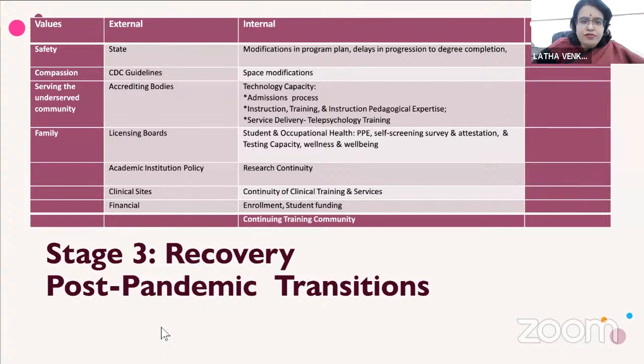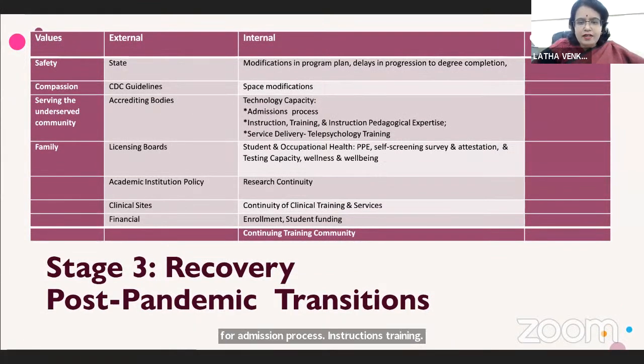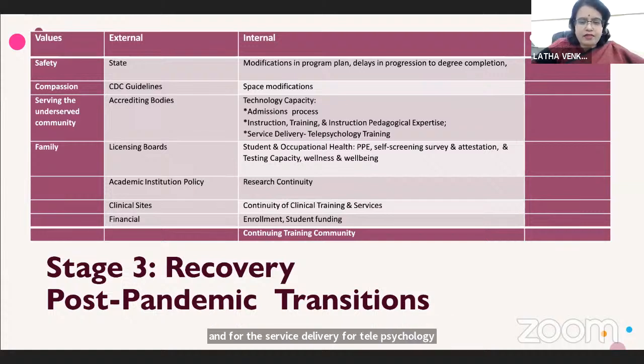And we were able to follow the CDC guidelines, and we were able to still get connected with the accrediting bodies for admission process, instructions, training, and for the service delivery for telepsychology training. And we were getting connected with the licensing boards as well for self-screening surveys, attestation, testing capacity, wellness and well-being activities organized by the licensing boards and accrediting bodies.